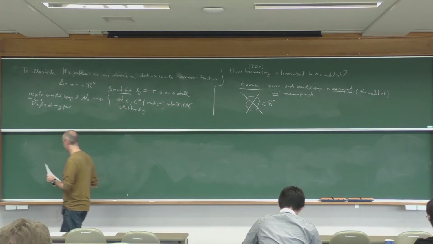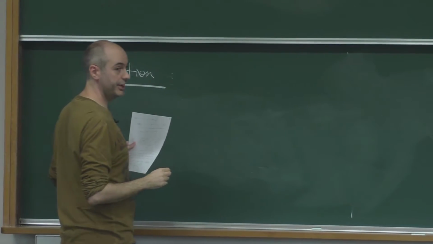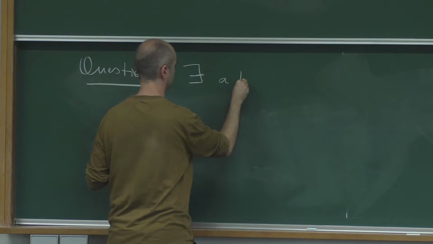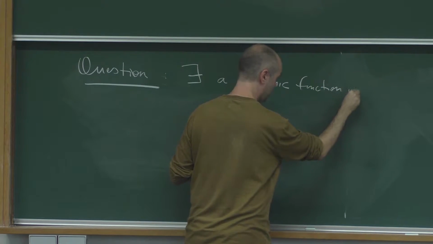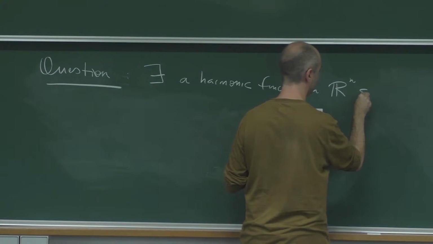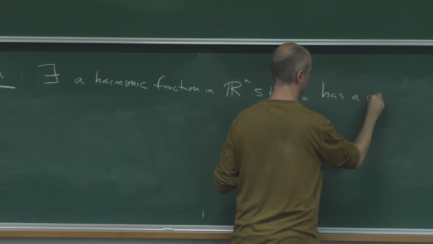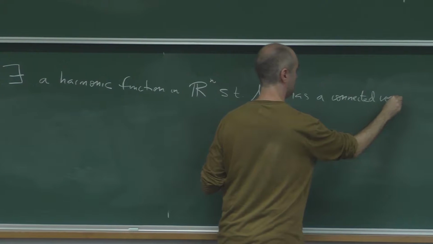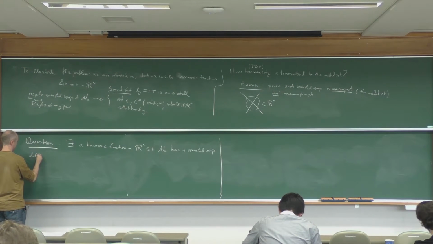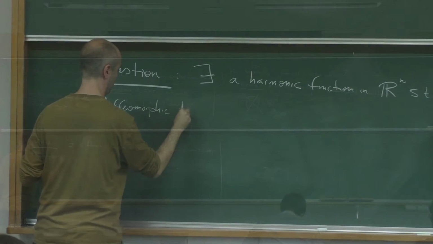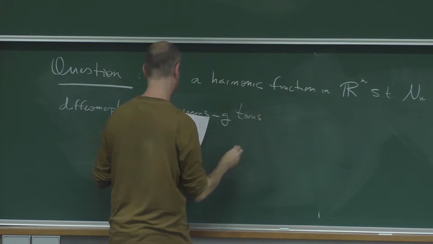Does there exist a harmonic function in Euclidean space such that its nodal set N of u has a connected component diffeomorphic to a genus g torus with n ends?